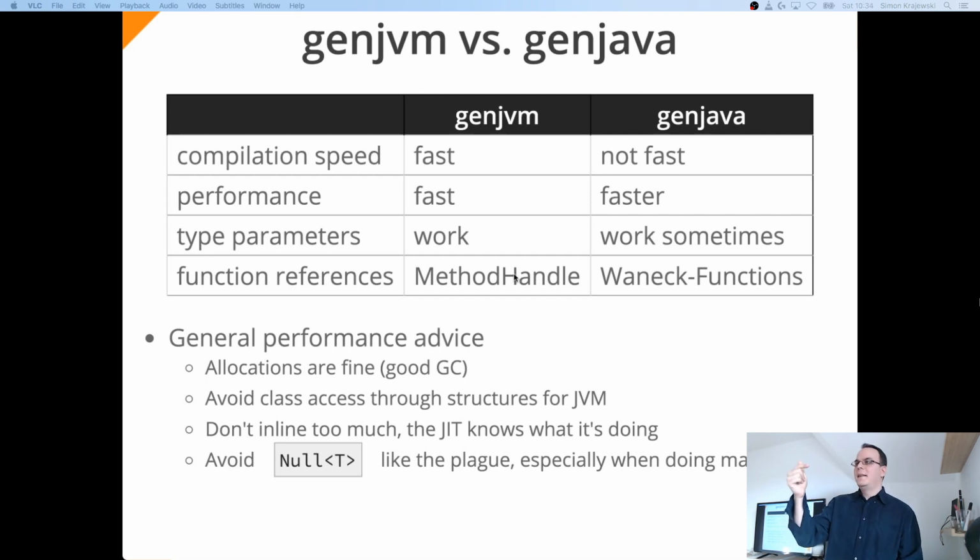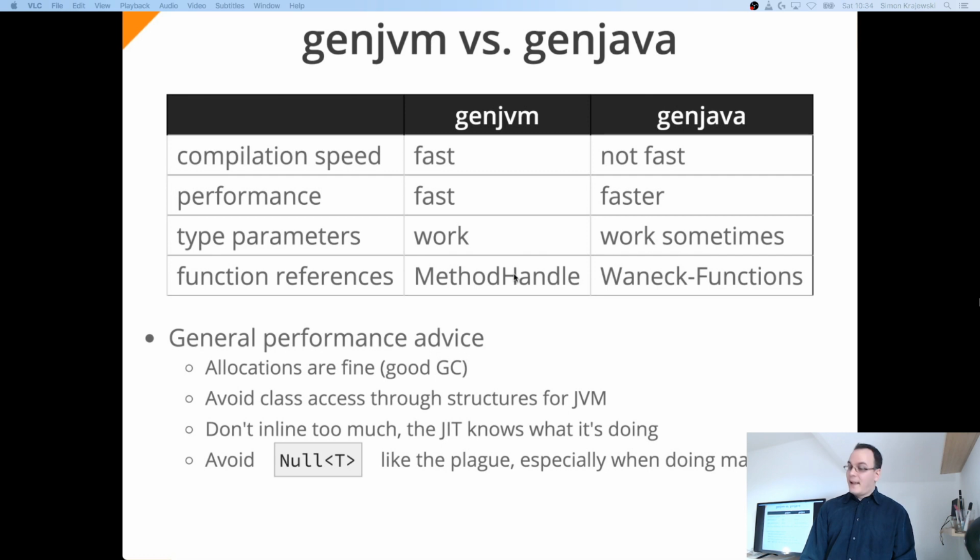Is the second one null? And that already leads to four permutations, so you get this kind of branching, and then you still have to do the operation, and in some cases you actually have to wrap this back to a null instead of a native value, and that's just really, really slow.